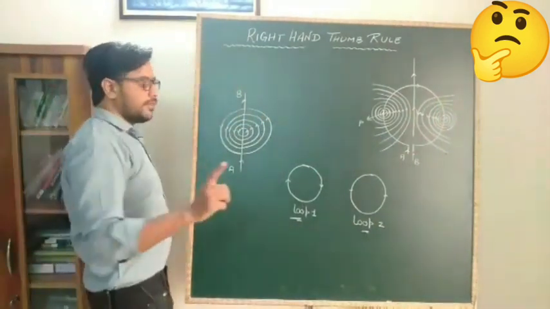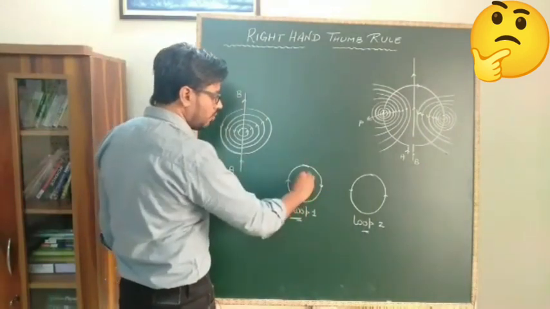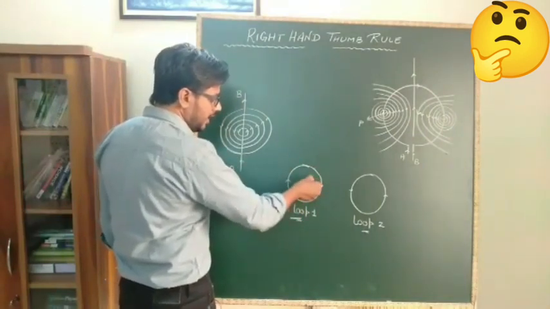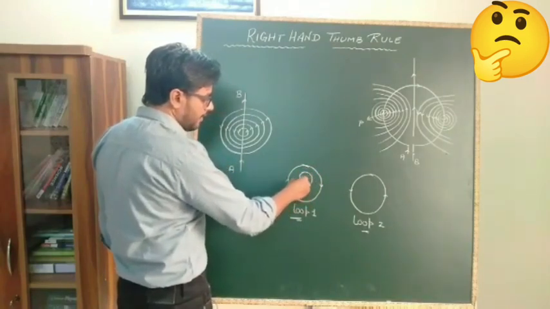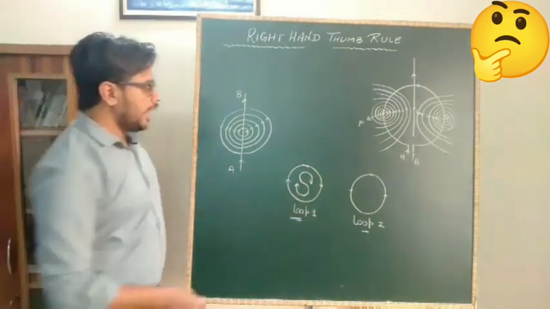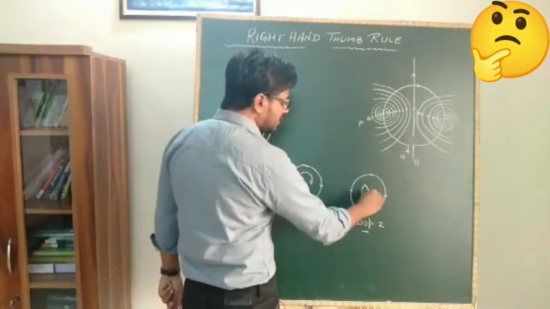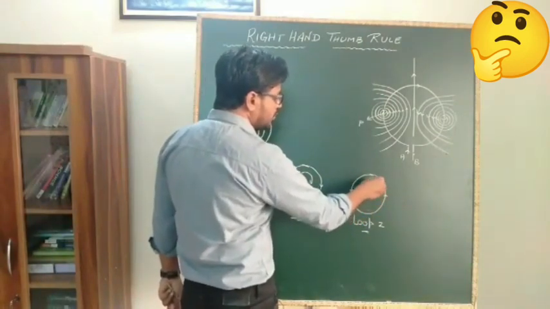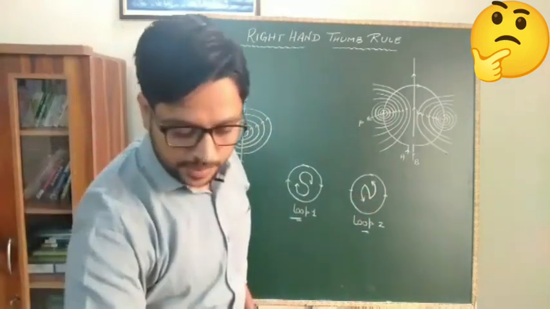Students, always remember this pattern: if current is flowing clockwise, then it makes a south polarity. It behaves like a south pole, and if current is flowing in anti-clockwise direction, then, similar to a bar magnet, there are two poles, it will behave like a north polarity.